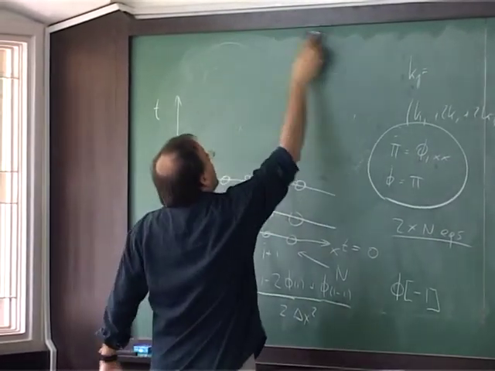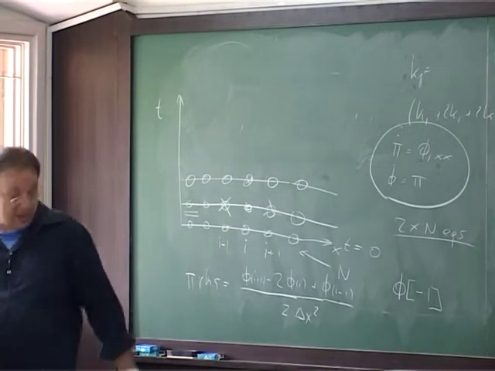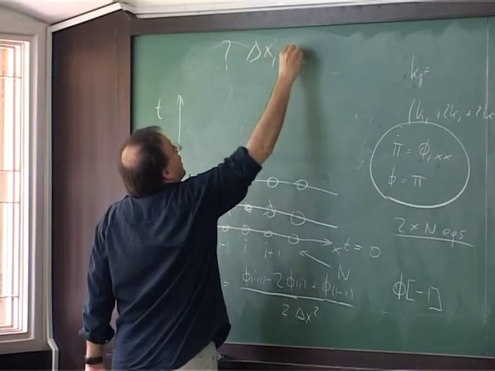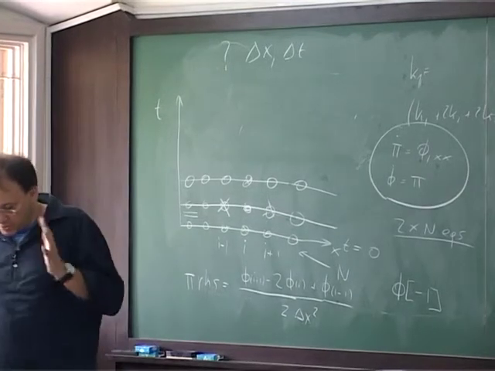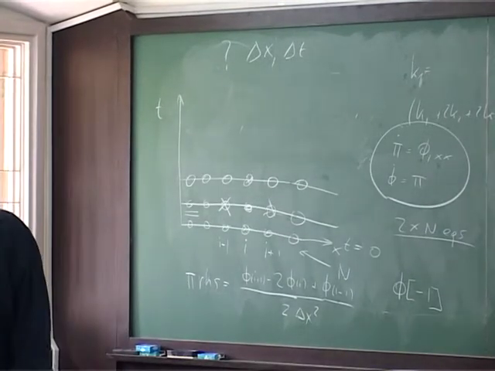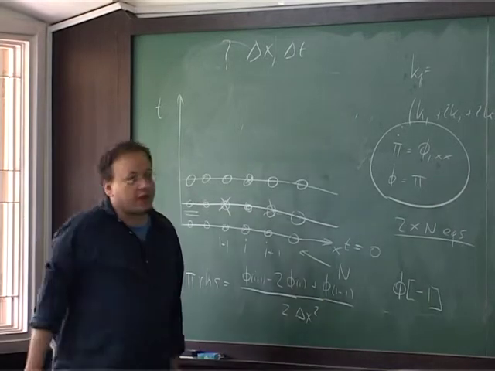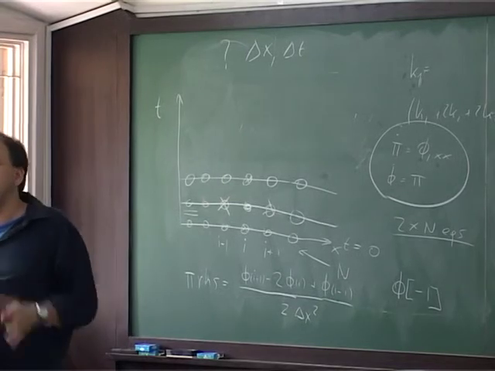Now, there can't be. Let's ask about what's the restriction on delta x and delta t. Let's start with the delta x. Okay, is there a restriction that delta x has to have some value below a maximum or above a minimum?